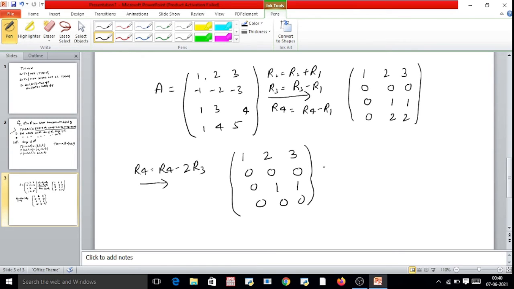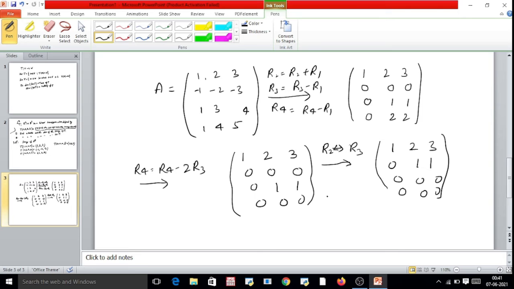Now all the zero rows will be at the bottom, so set them into the bottom. So R2 would be R3. So this is 1 2 3, 0 1 1, 0 0 0, 0 0 0.